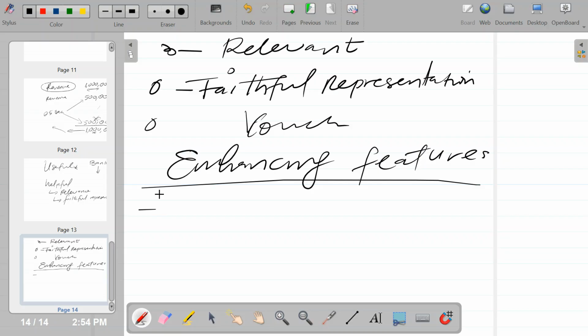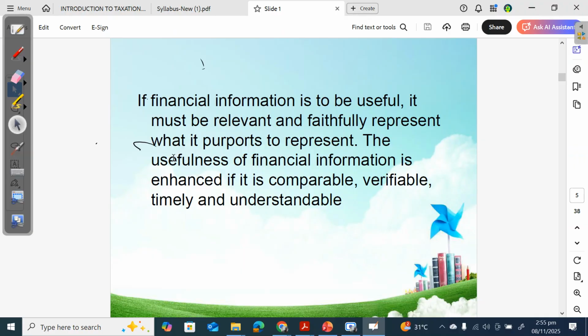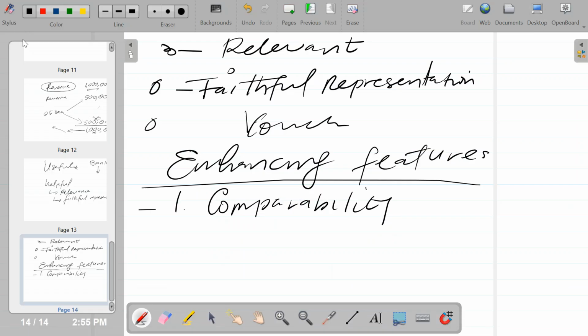So, what are the enhancing features? One of them is comparability. That's why when you take financial statements, you will see the current year and the prior year comparable. So you can see the trend.